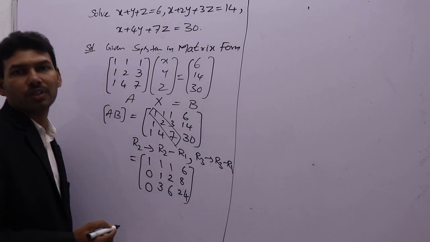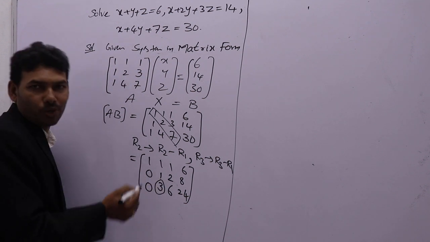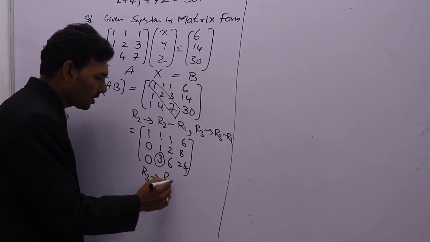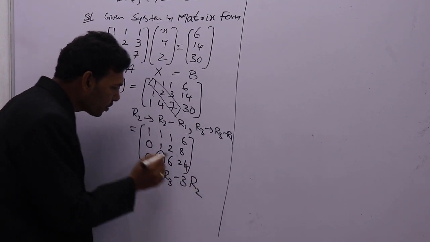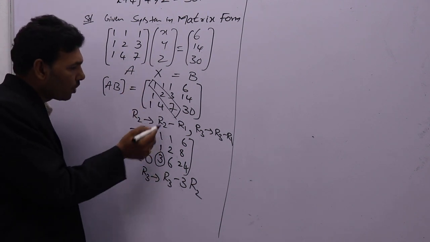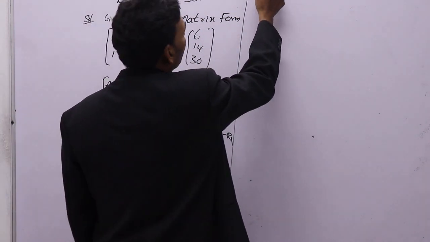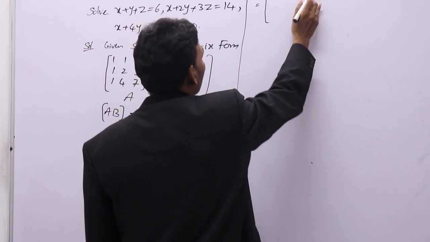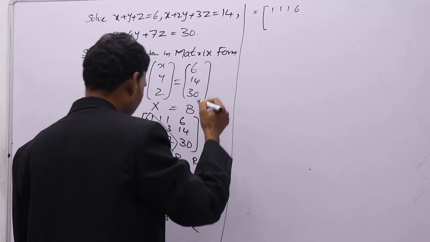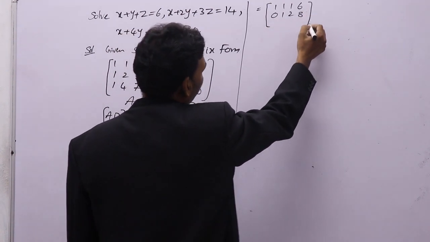Now apply a row operation to make this element 0. For that, R3 implies R3 minus 3 R2. Use this second row; the first row we use only once, and for the second stage we go for the second row. Now the first two rows you can copy as they are: 1 1 1 6, then 0 1 2 8.